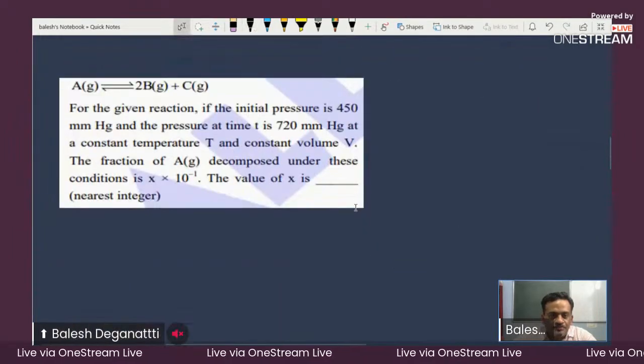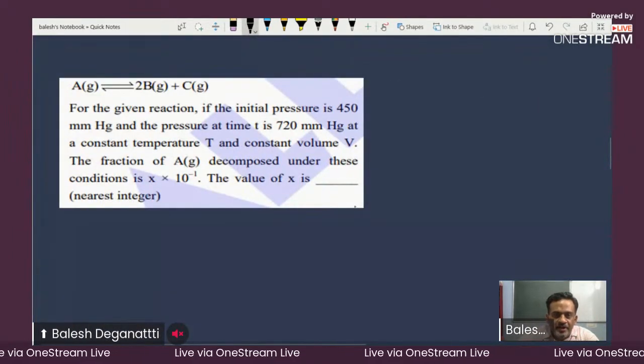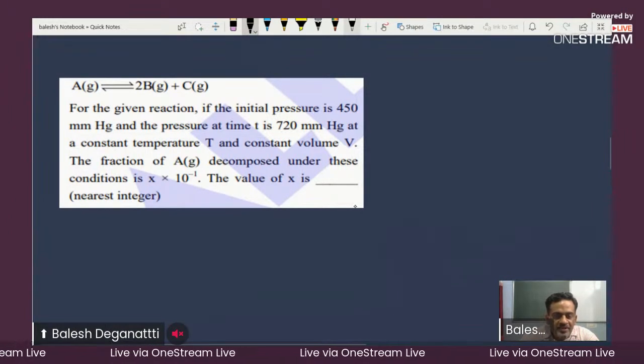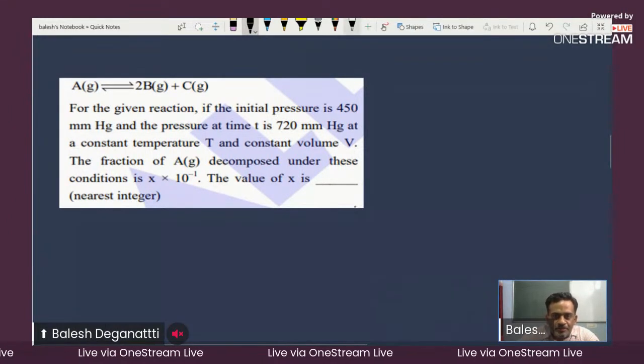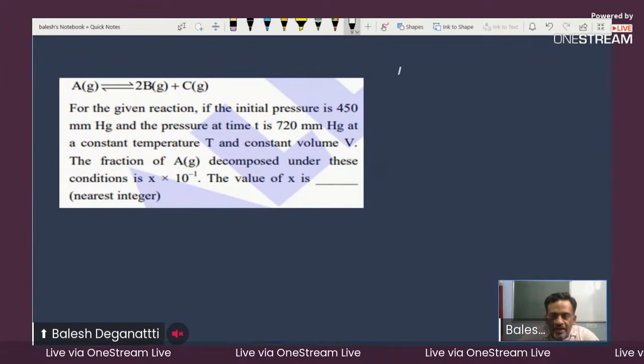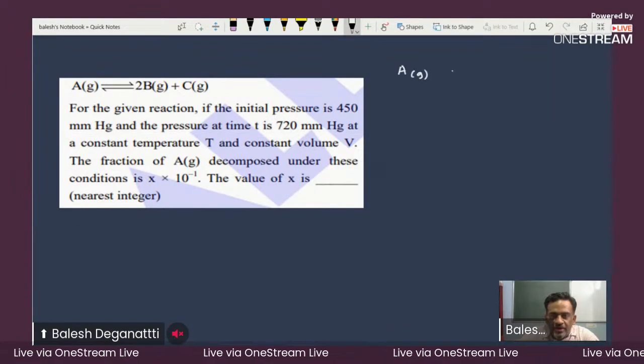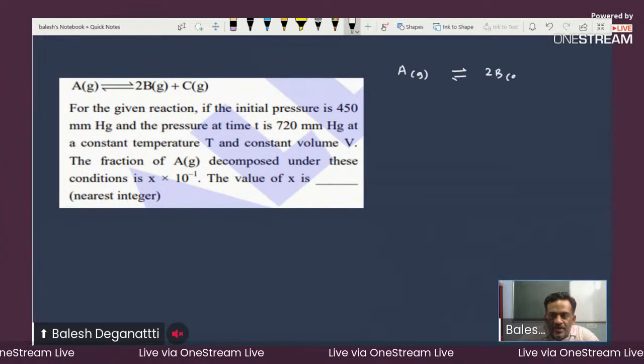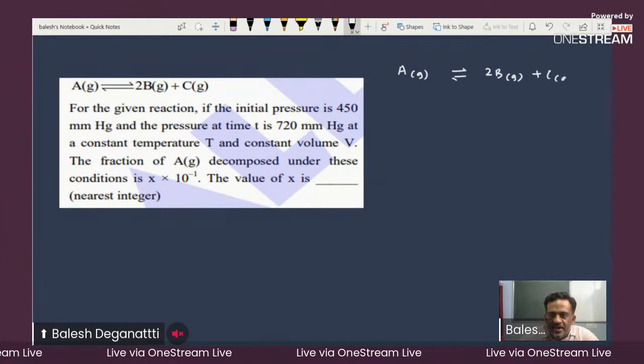Let's go to the next question. For the reaction, A(g) giving 2B(g) plus C(g), right? So we have an equation where A gas is in equilibrium with 2B gas plus C gas.